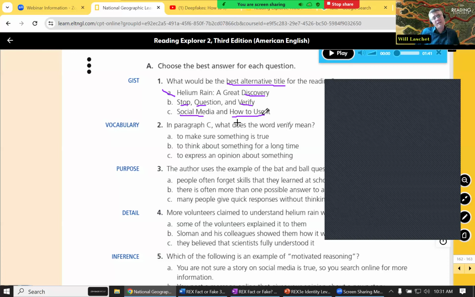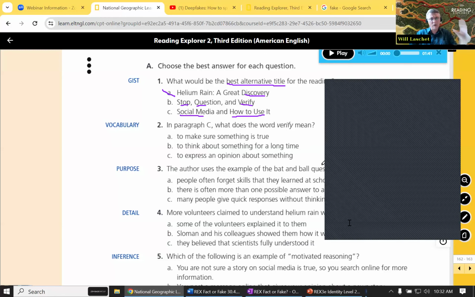So we could imply here that it's telling you to be careful on social media, but it's not only talking about that, right, as Ivy says, not entirely. It's talking about all information that we hear. It starts off talking about people telling you about politicians being crooked. So it's not only about social media. So that is definitely not going to be the main point. So the main point is this one: stop, question, and verify, which we can see also at the end there.